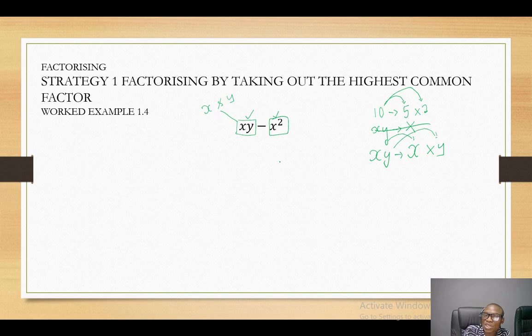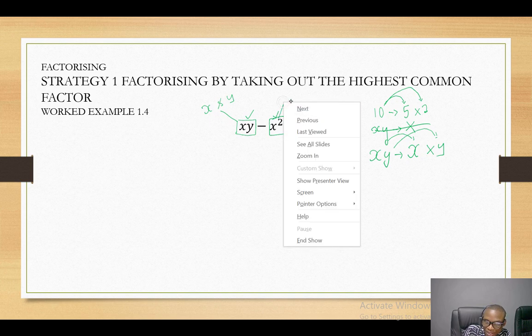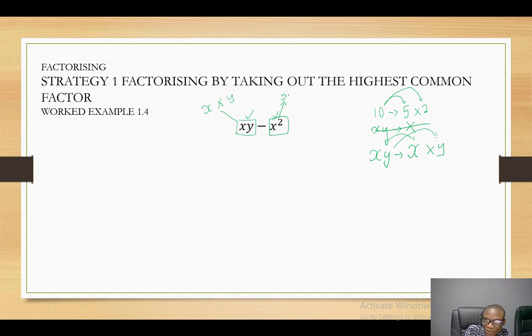To find x squared, you need to multiply x with x. So here we get only one factor, which is x. Actually, I lied when I said one factor. Let me say one of the factors, it's x. The other factor, it's x squared.